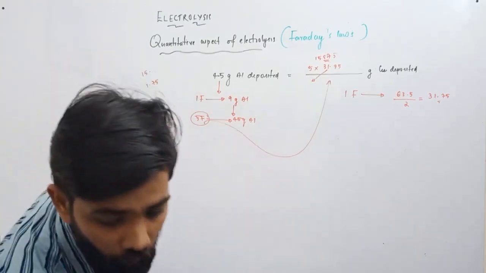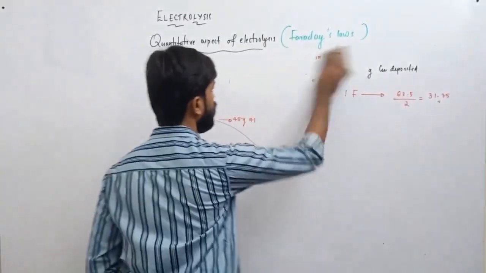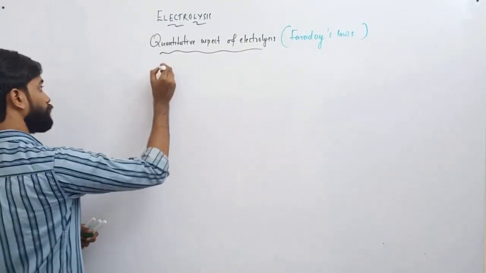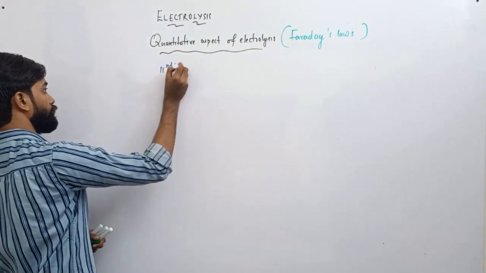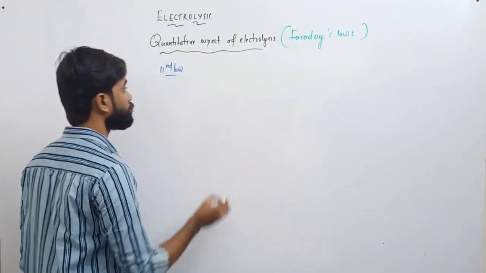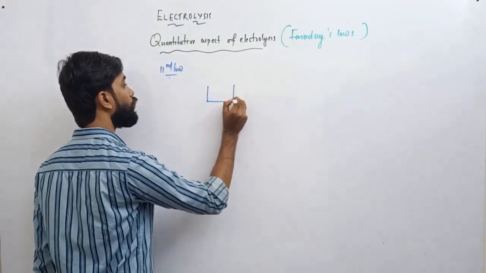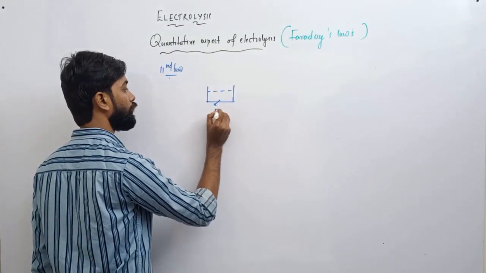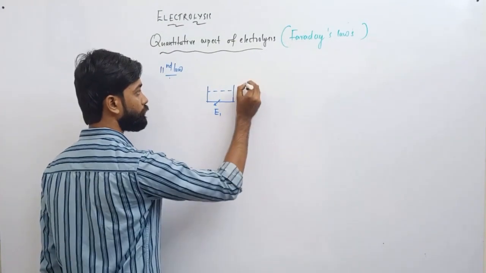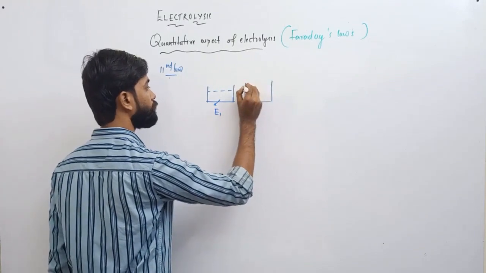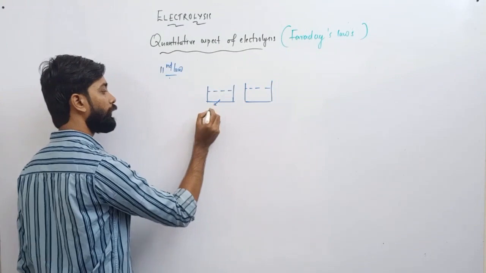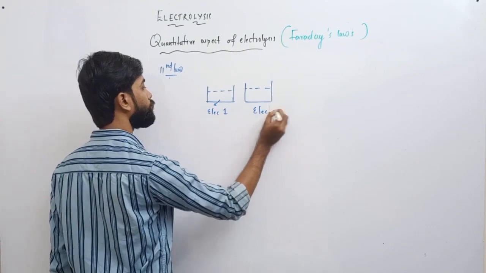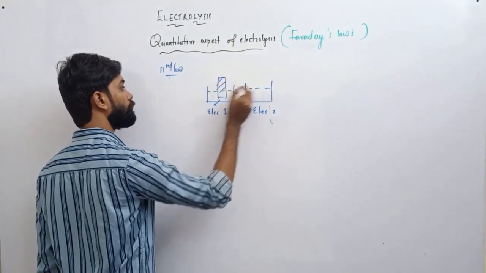So one more topic here in Faraday's law, that is Faraday's second law. It's very easy. Faraday's second law: if you have an electrolyte, electrolyte 1, another electrolyte, electrolyte 2, and two electrodes are dipped in each.